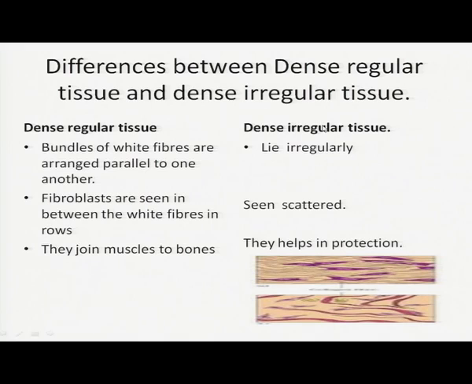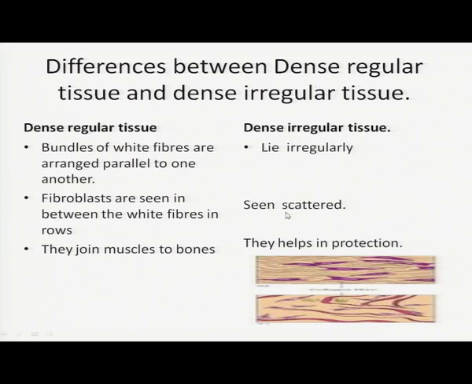And coming to the dense irregular tissue, the second diagram, here these white fibers are arranged in an irregular manner. There is no specific arrangement for these white fibers, they are seen scattered.